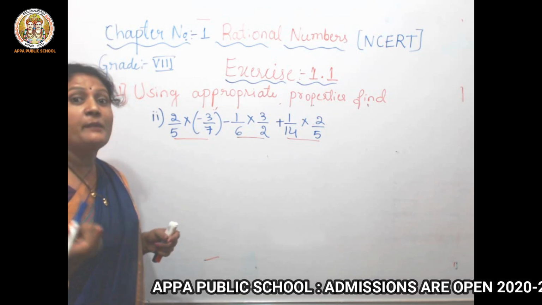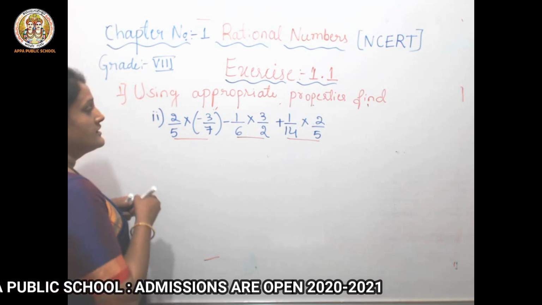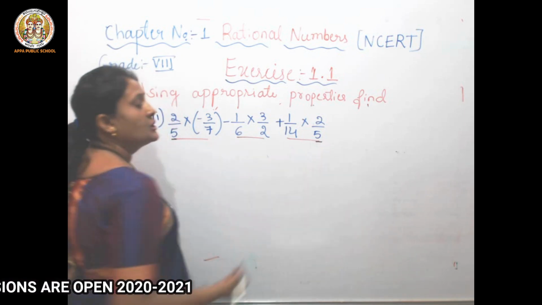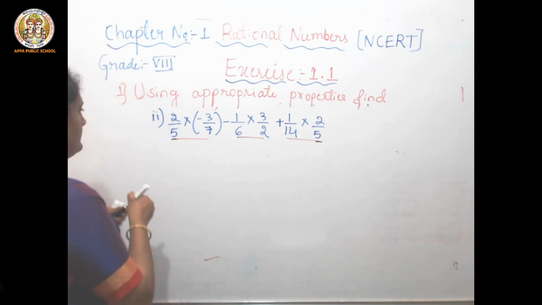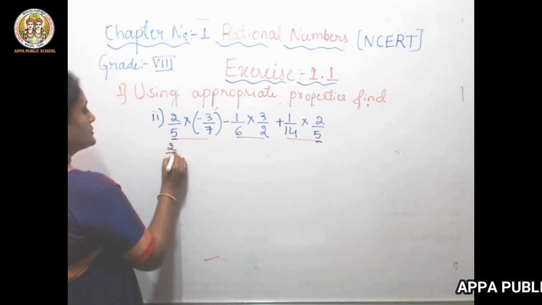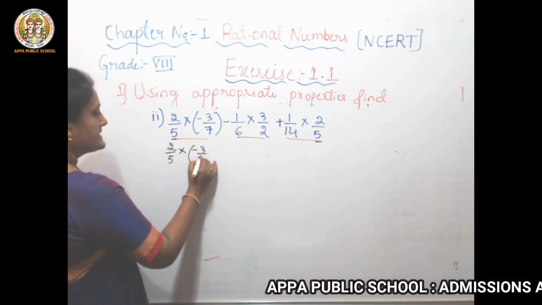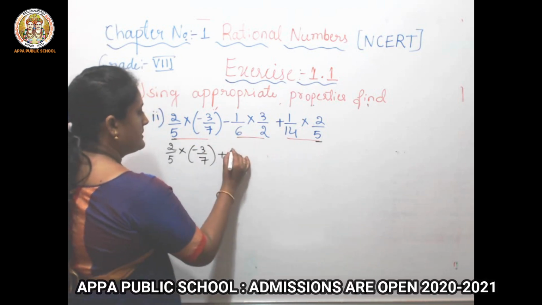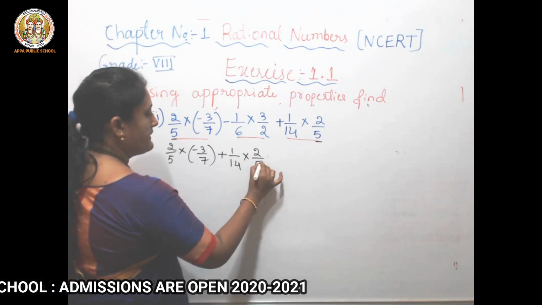Is any number or any digit repeating? Yes, of course, you can see here 2 by 5, and here also 2 by 5. So let's arrange the terms. Now this 2 by 5 into minus 3 by 7, this term we will write first, plus 1 by 14 into 2 by 5.